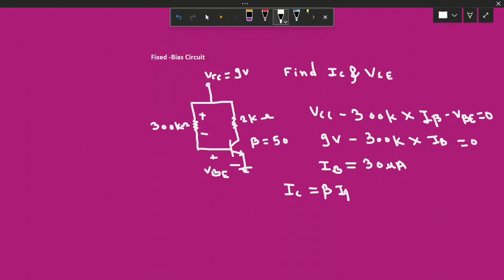So we know the value of beta, that is 50, which is equal to 50 into IB is 30 micro ampere. So what we are getting, IC is nothing but 1.5 milliampere after solving.